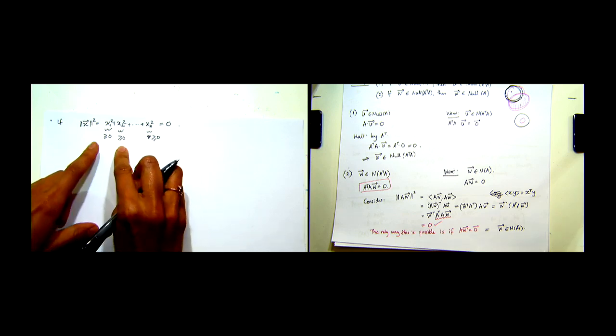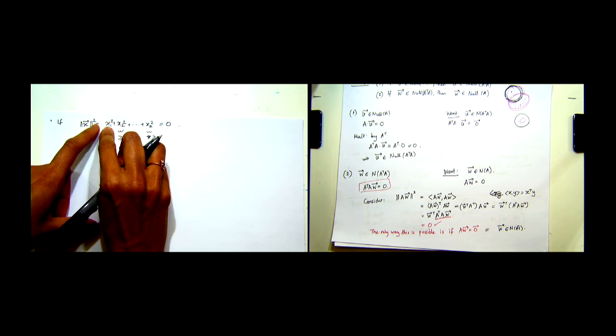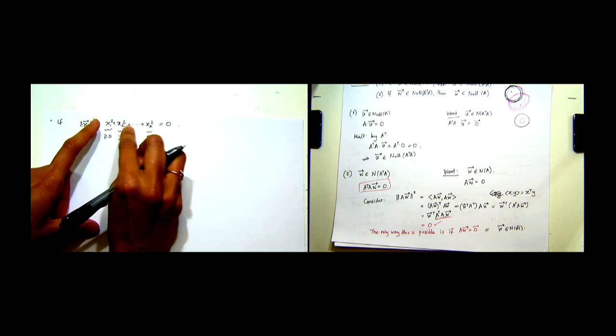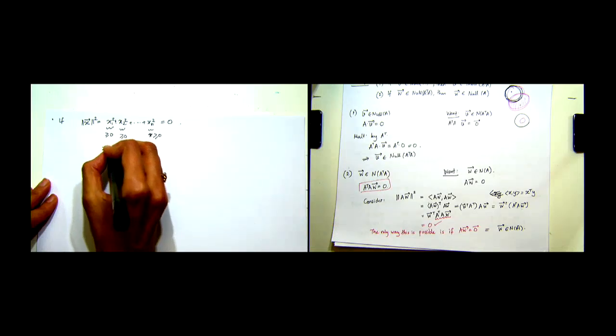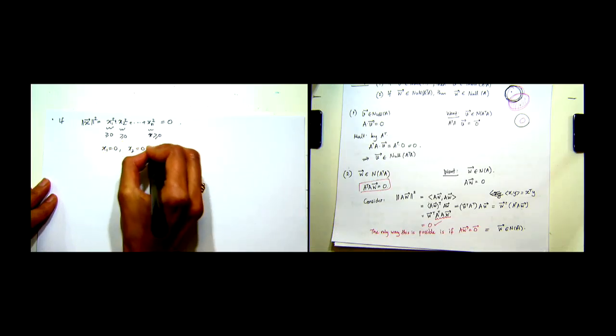Right? So the smallest value this can be is 0. None of these can be negative. So how do you have a bunch of numbers add up to 0? The only option is for every single one of them to be 0. So, therefore, x1 equals 0, x2 equals 0, xn equals 0.